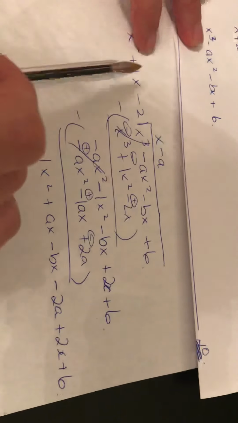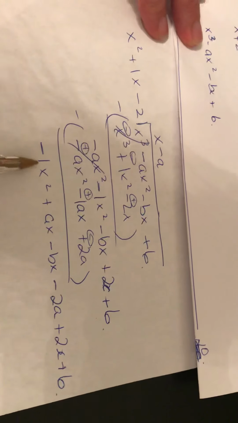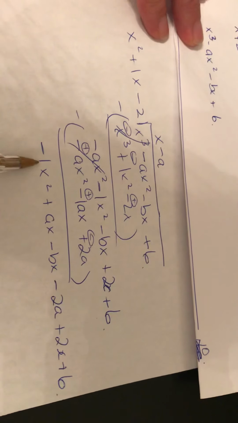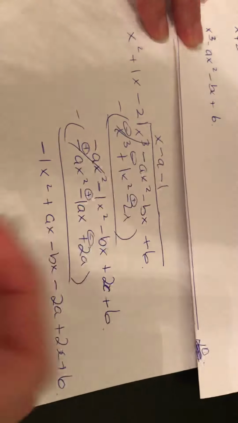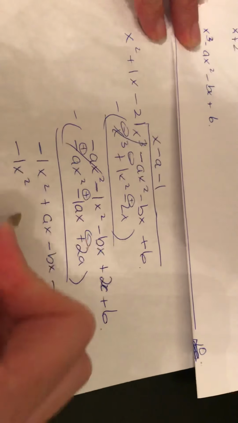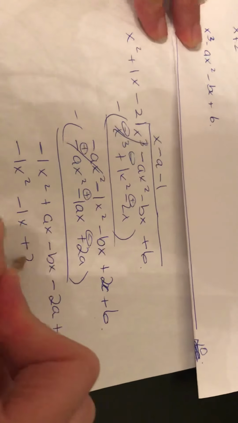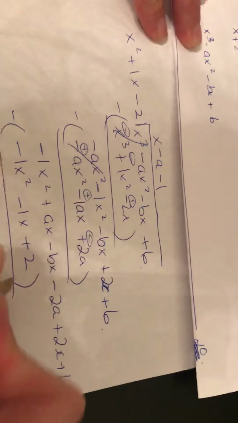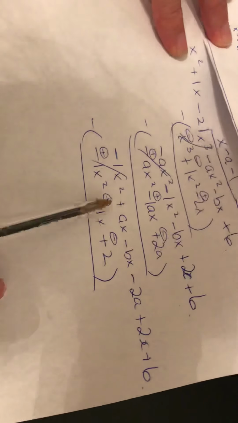And I go again. What do I multiply x squared by to give me a minus 1x squared? That's minus 1. So that's minus 1x squared minus 1x plus 2, and I subtract. That changes to plus, minus. That's gone. Now let's have a look here.